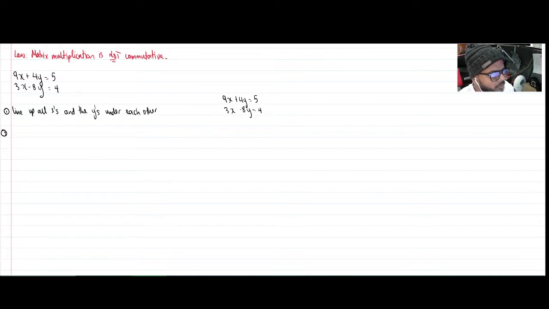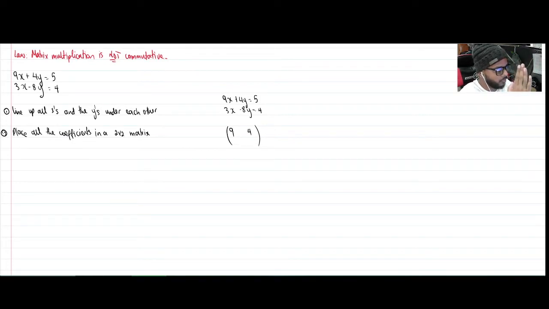Step 2 is to place all the coefficients of the variables in a 2 by 2 matrix. So how we do that, we take the coefficients and we put them in our 2 by 2 matrix. So we'll have 9, 4, 3, and negative 8, just as how we see it on top.